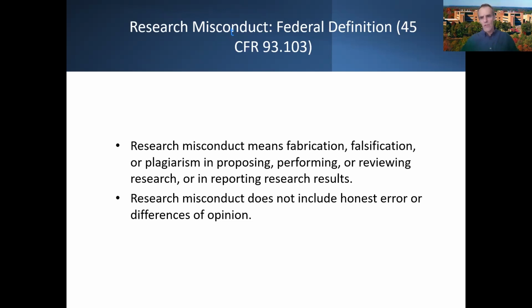Research misconduct means fabrication, falsification, or plagiarism in proposing, performing, or reviewing research, or in reporting research results. Research misconduct does not include honest error or differences of opinion. So you can see from this definition, it really covers the whole process of research from proposing it to reporting it. But it doesn't include honest error and differences of opinion.